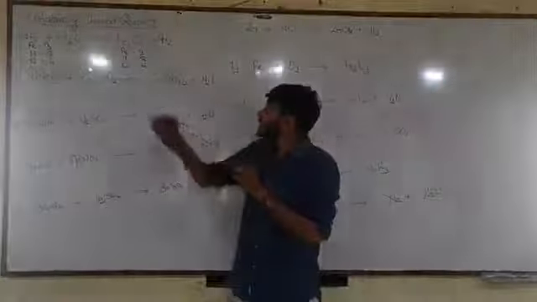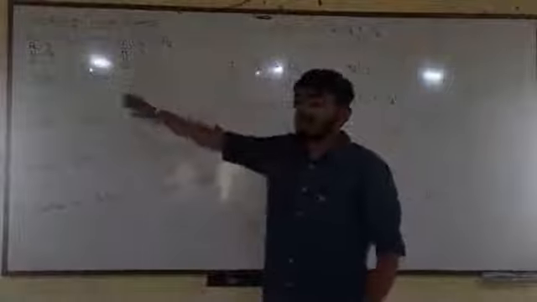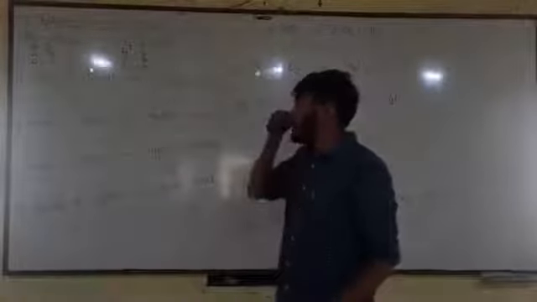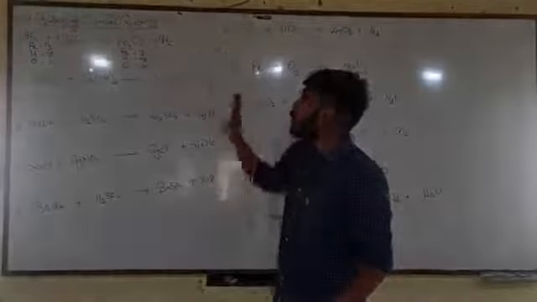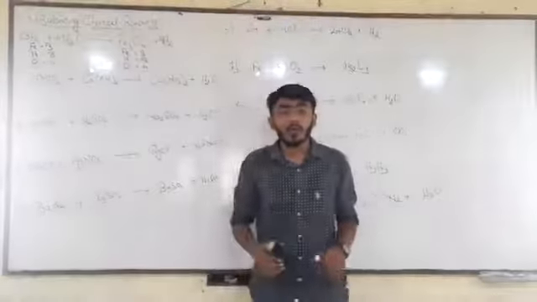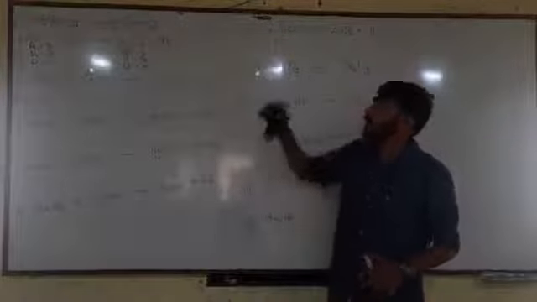So students, here you can see that now everything is balanced. So the equation will be 3Fe plus 4H2O gives Fe3O4 plus 4H2.